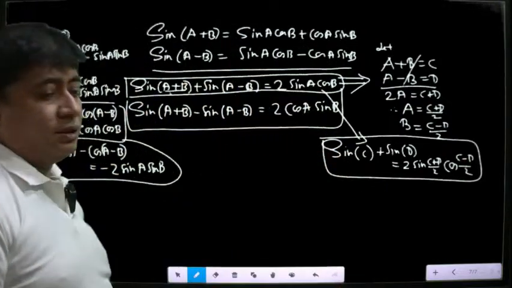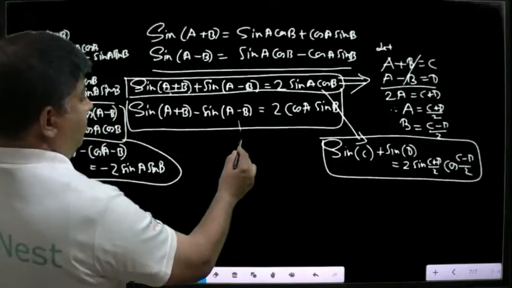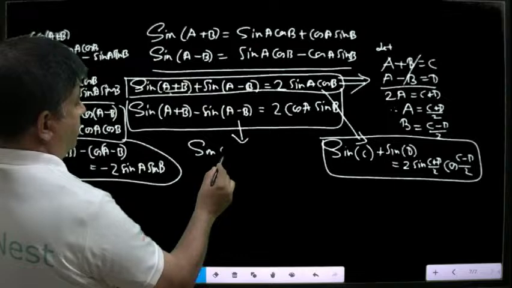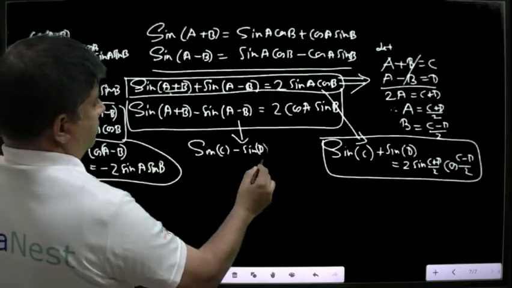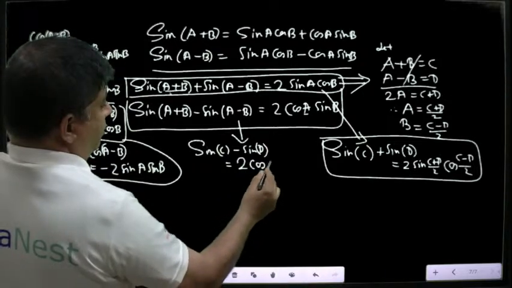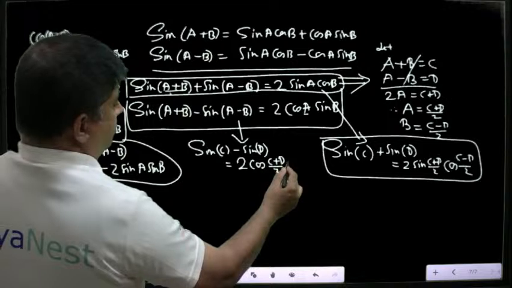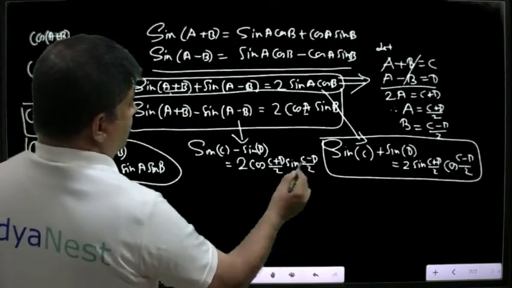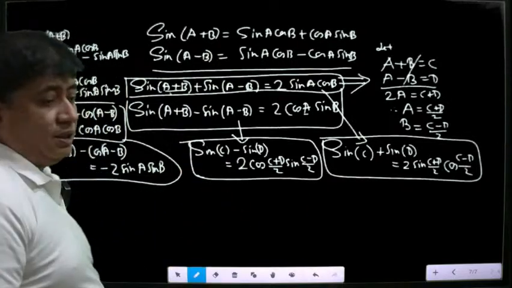That is sin C plus sin D equals 2 sin ((C plus D) by 2) cos ((C minus D) by 2). In the same manner, sin C minus sin D equals 2 cos ((C plus D) by 2) sin ((C minus D) by 2). You will get another formula, sin C minus sin D.